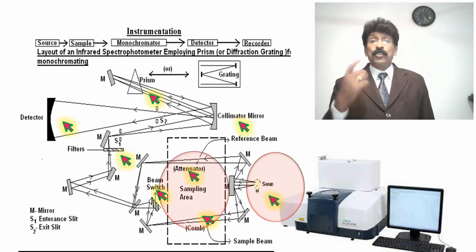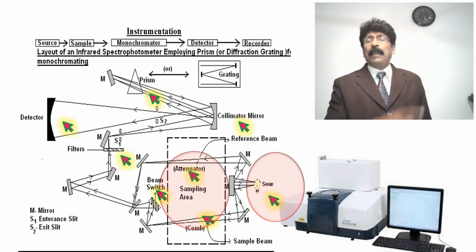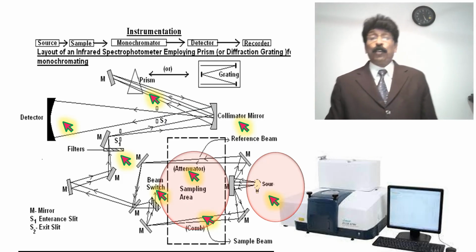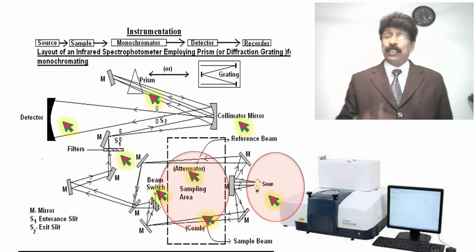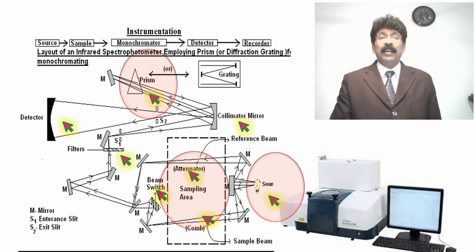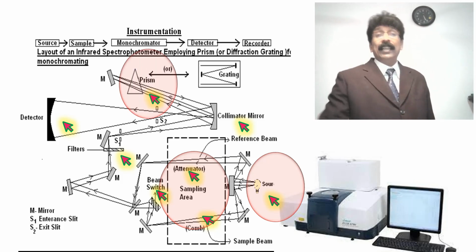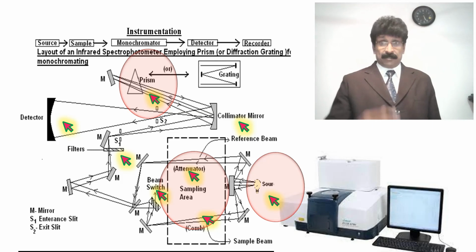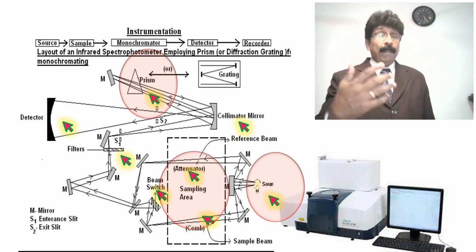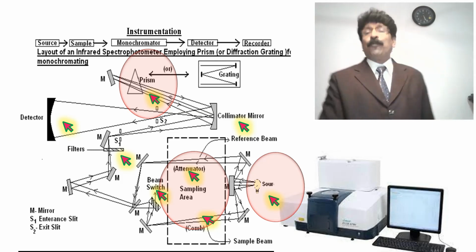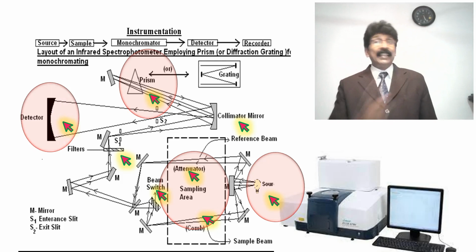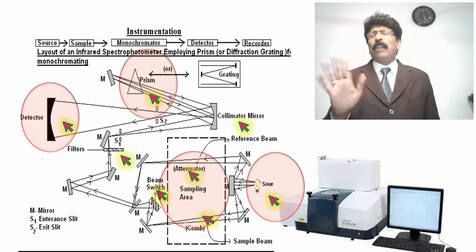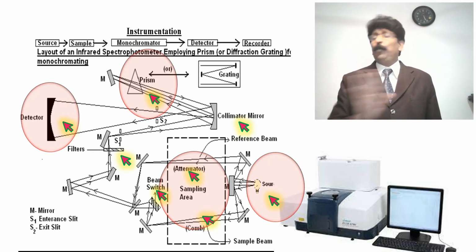It comes to the sampling area where the sample of organic molecule, in which we want to find the functional group, is kept, and then it comes to the monochromator to identify the rays coming out from the sample, and then comes the detector. The detector is not a photomultiplier tube, don't write that, it is not possible.